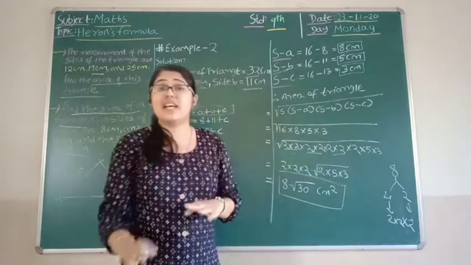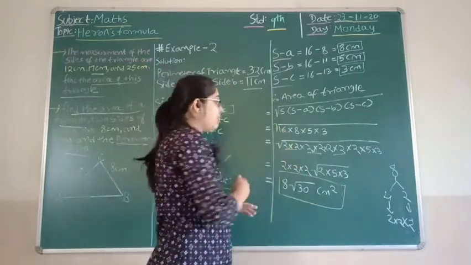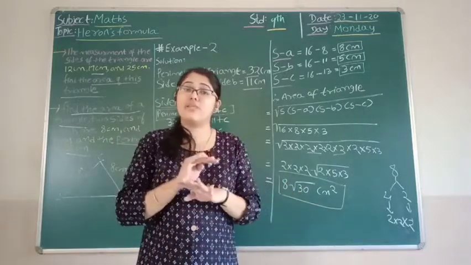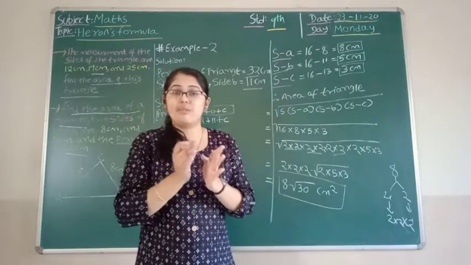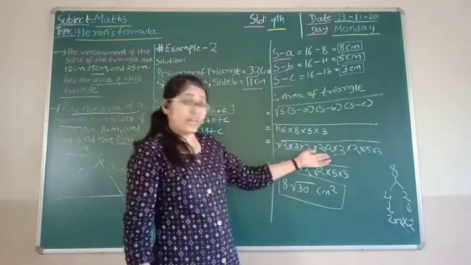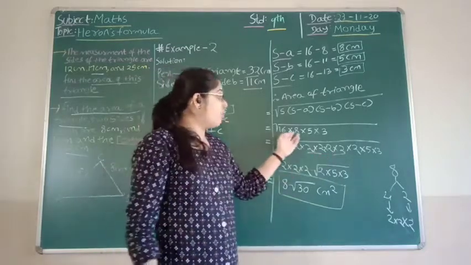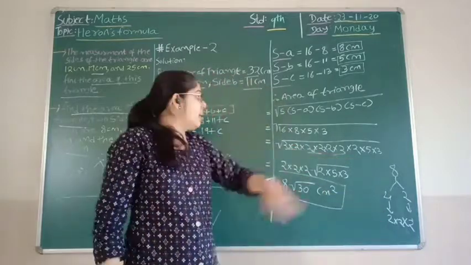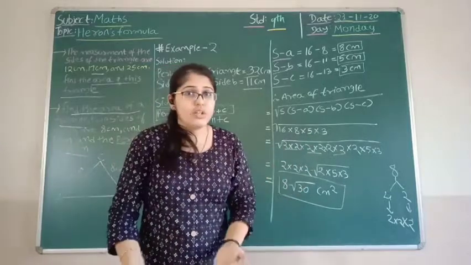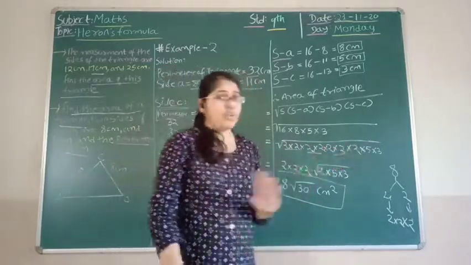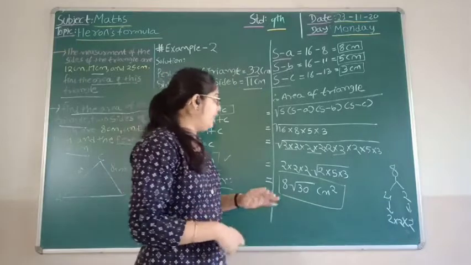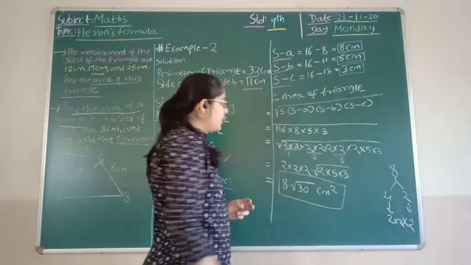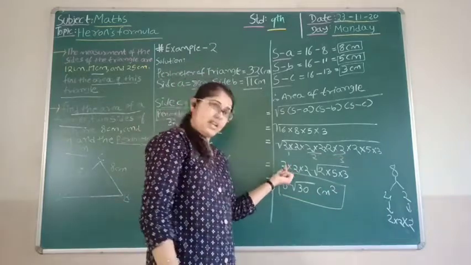So we know 16 can be factorized as 4 into 4, and 4 can be factorized as 2 into 2. So I am writing over 4 times 2. Then again, 8 will factorize, writing the values respectively. 5 and 3 will not be able to factorize, so I am writing this as 5 into 3. Then I have taken pairs, pair number 1, 2, 3, and from these I am taking a single 2 from each pair, and from the third pair 2.